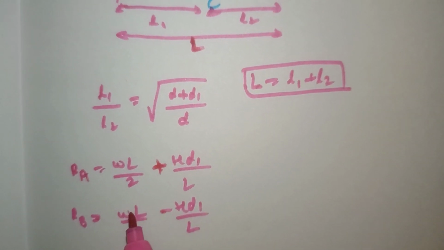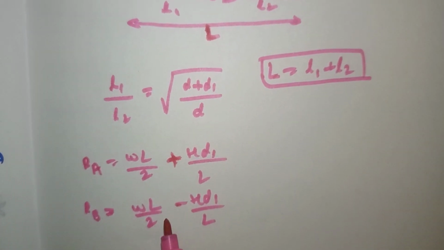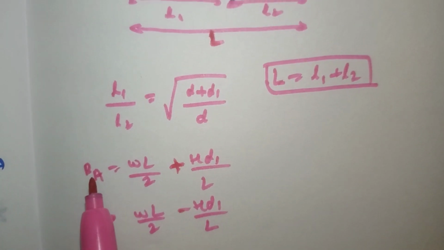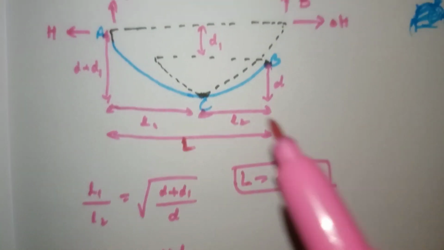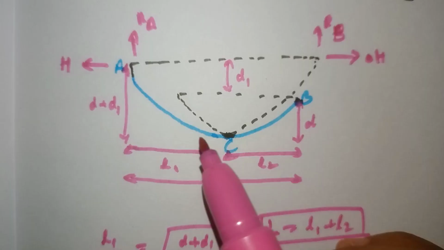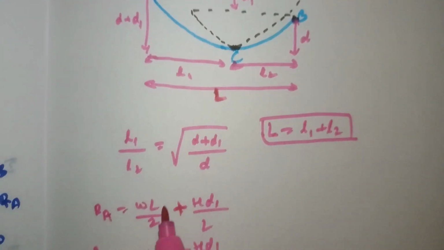I will tell you one way to remember when to put the positive and when the negative sign. If you look at this diagram, for RA this part is bigger, so for the bigger part we take the positive.